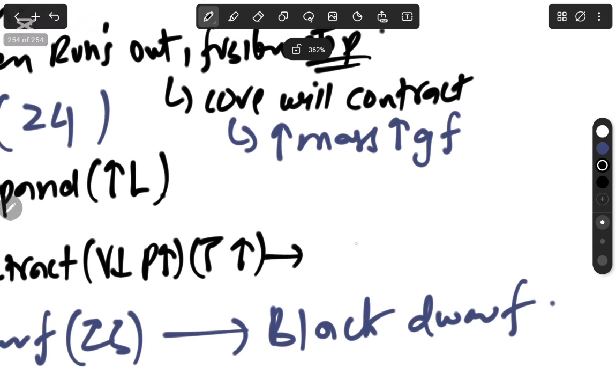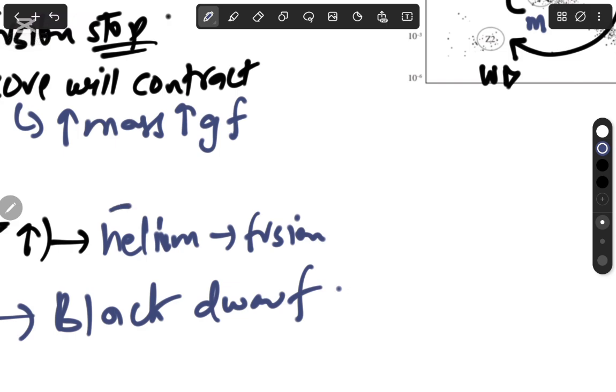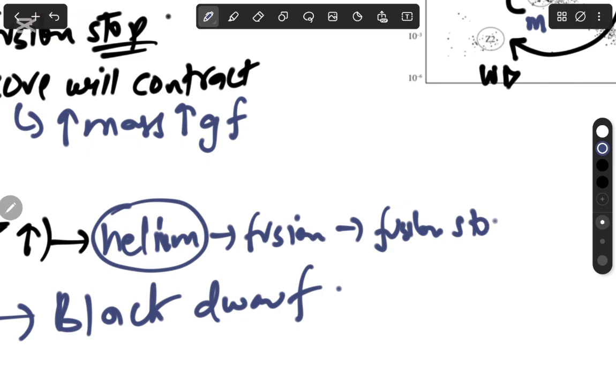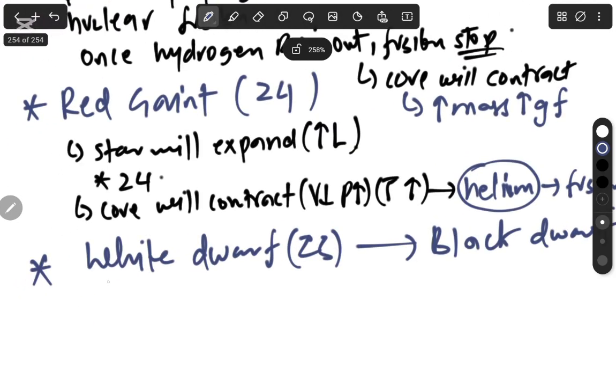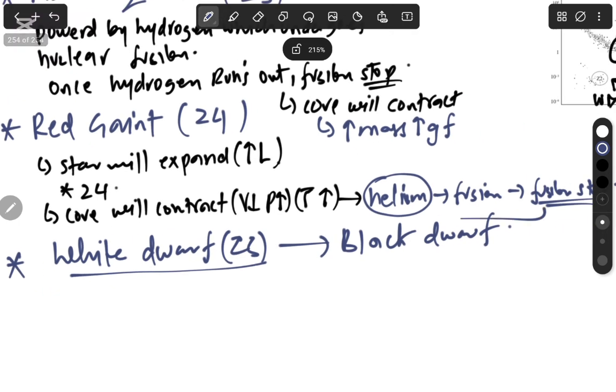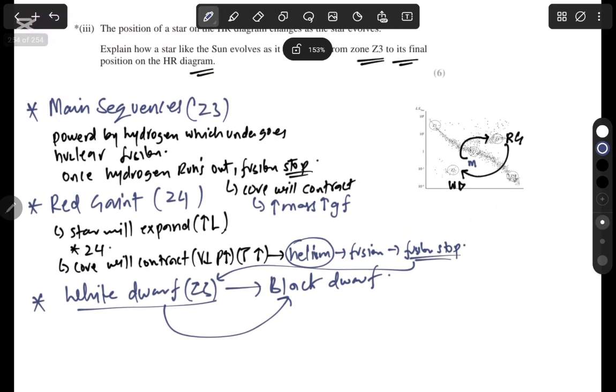So when the temperature of the core increases, the helium will have enough temperature to undergo fusion. So now helium will undergo fusion, and when helium runs out, the fusion will stop, and that's when you will have no more temperature increase, and you will get a white dwarf at Z5. After no more fusion, you're going to have a white dwarf, and then the temperature will decrease and your star will become a black dwarf.